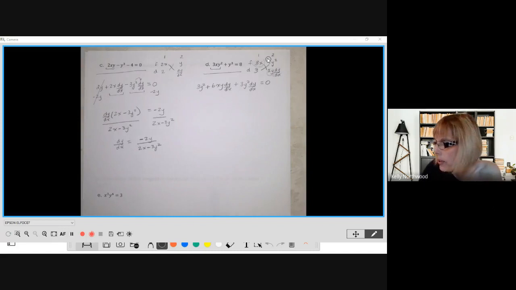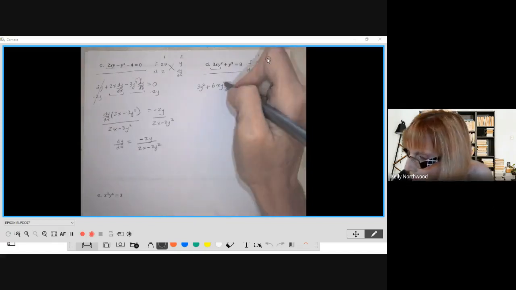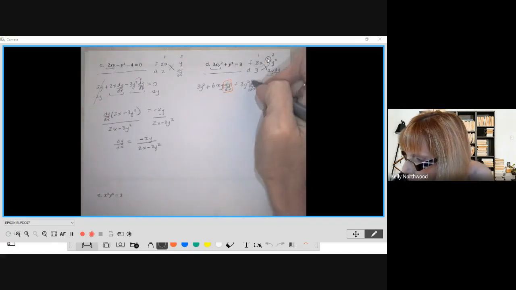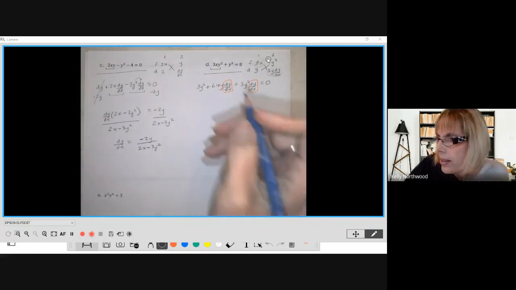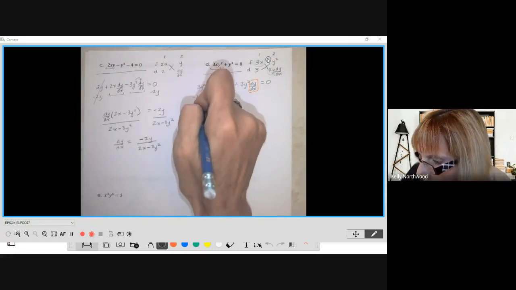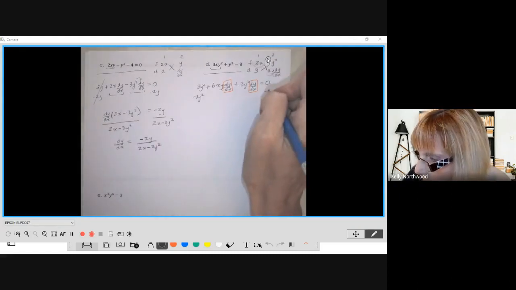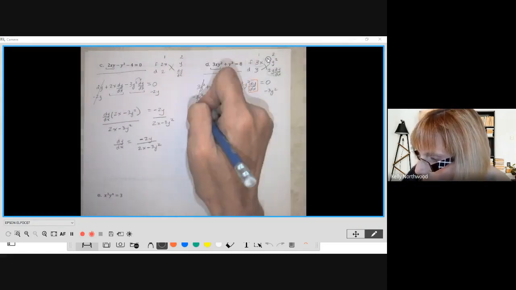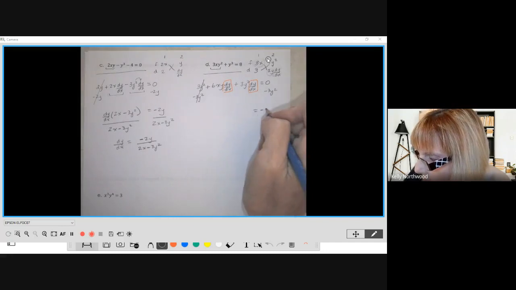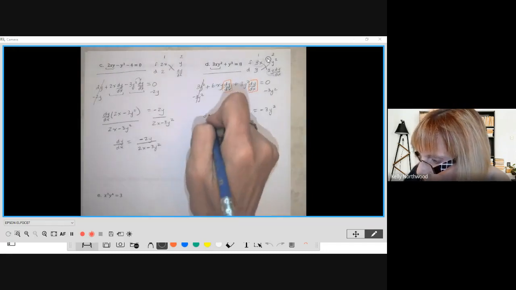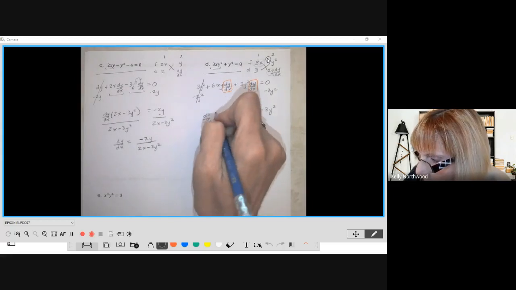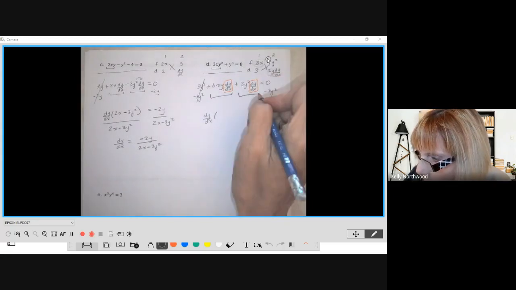Then we want to get the slope of the tangent part, which is this dy by dx. That's our slope of a tangent by itself. So we're going to subtract 3y squared on both sides. Common factor out dy by dx from each scoop.